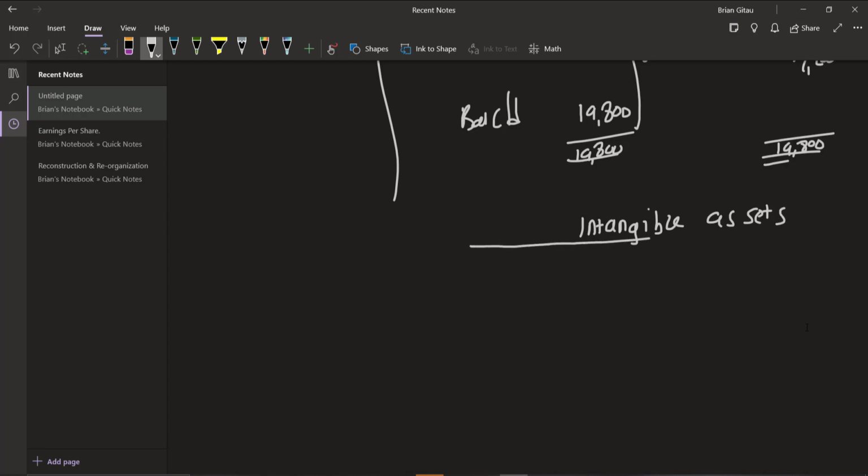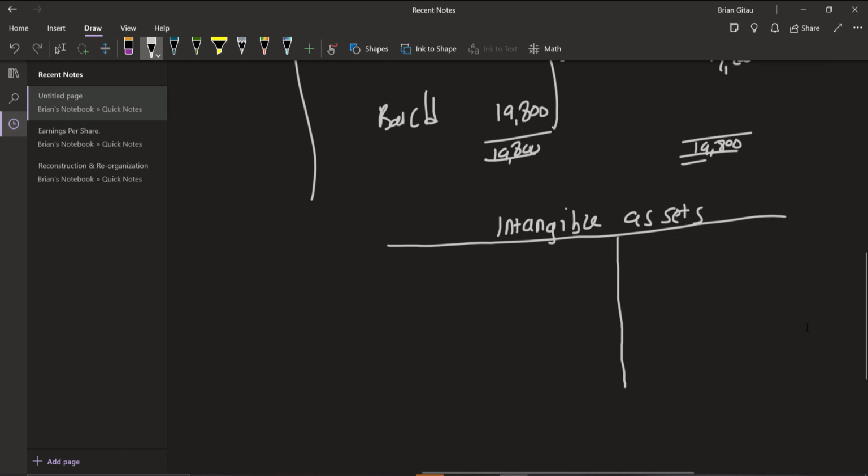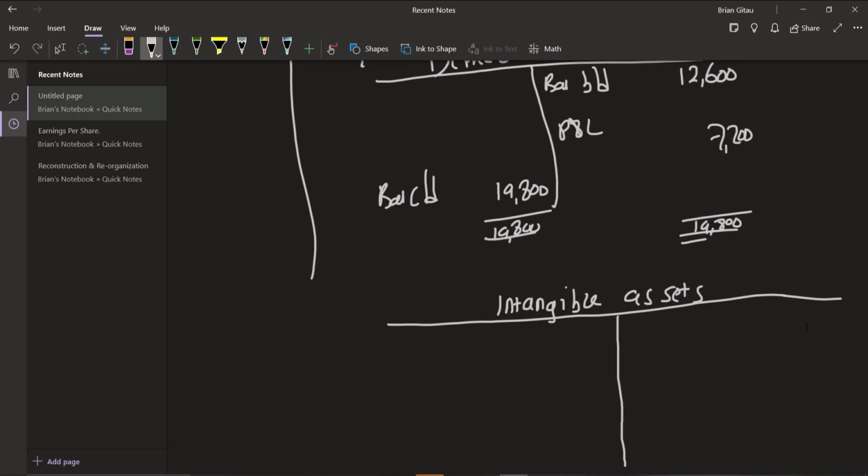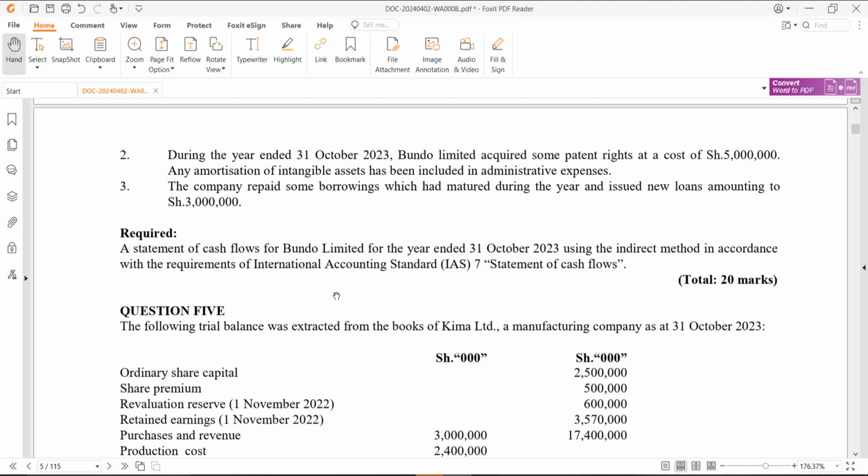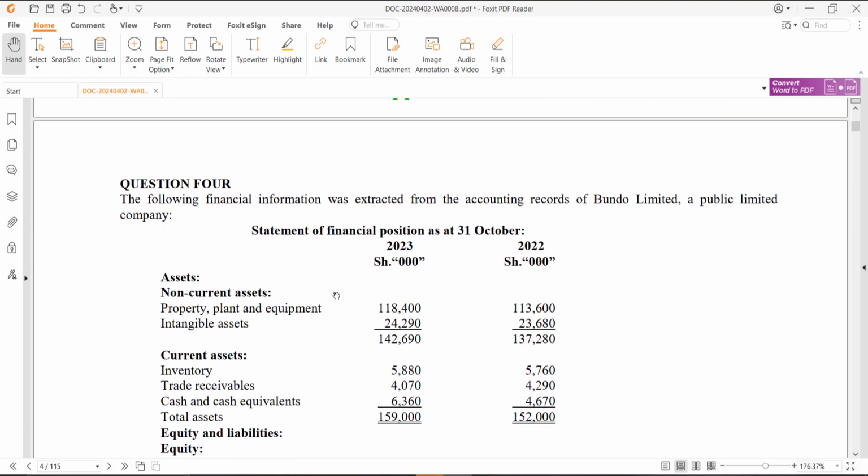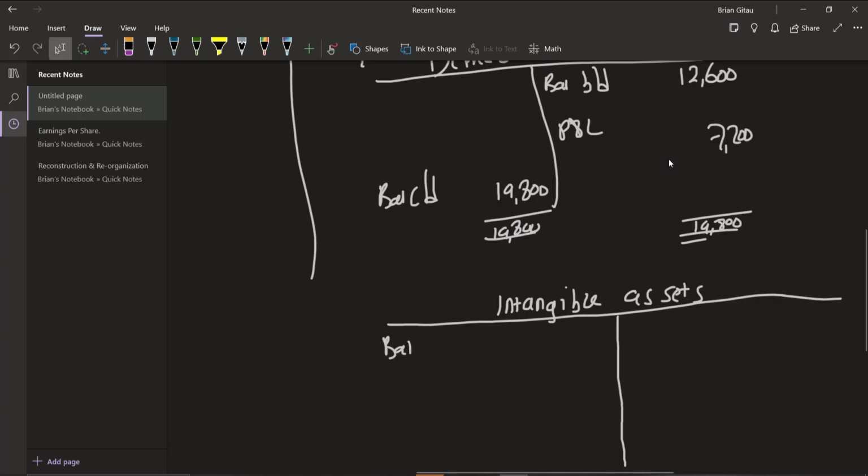Remember, we want to calculate the amortization of those intangible assets. From our balance sheet, the intangible assets balance brought down was 23,680.